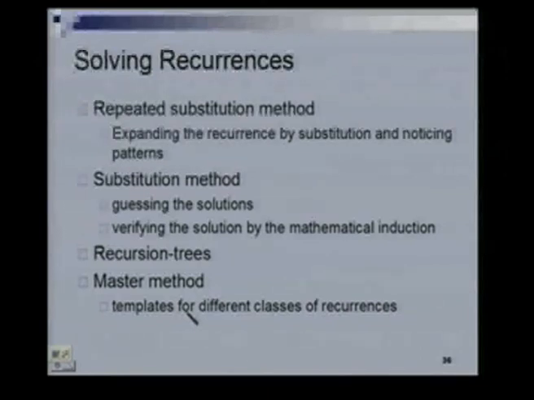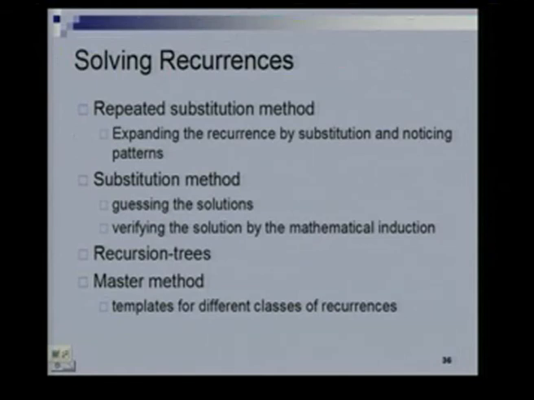I personally do not like you to remember those formulas. It should always be possible to solve those recurrences by just looking at them. But these are 3 ways, and then there is a fourth method, which is a recursion tree, where you draw out a tree of the calls that are being made, as we drew, and you count at each node how much time is being spent.